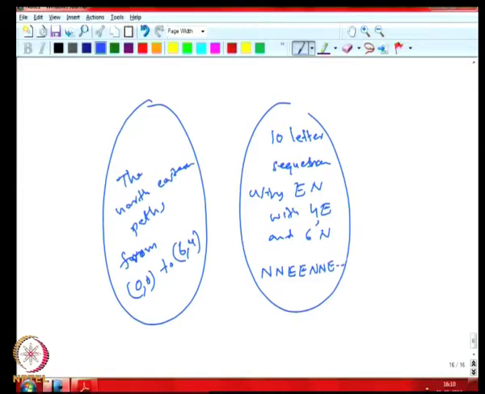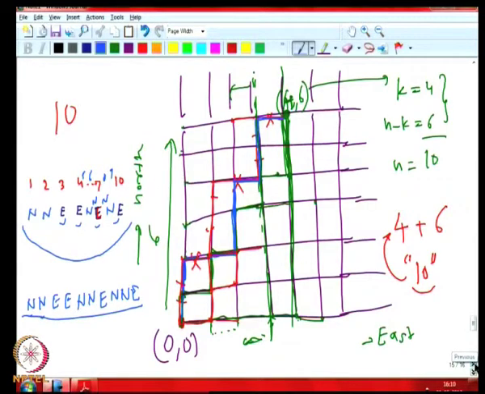Why is it so? Because, as I have shown you, I first say that this is a function, this is the function we map. So, we look at a path, we just write down along the path, we will go and write down the sequence. So, this is N E N E N E like that for every path.